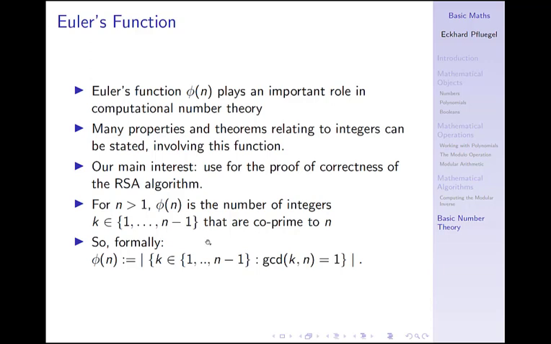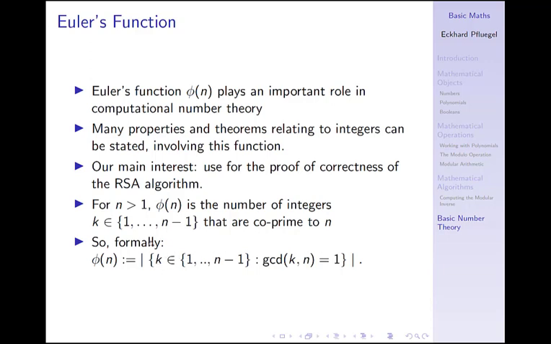We take all integers smaller than n and look at each of them. That's our k. If k has a GCD with n equal to 1, so if k is co-prime to n, only then do we include it in this overall set.